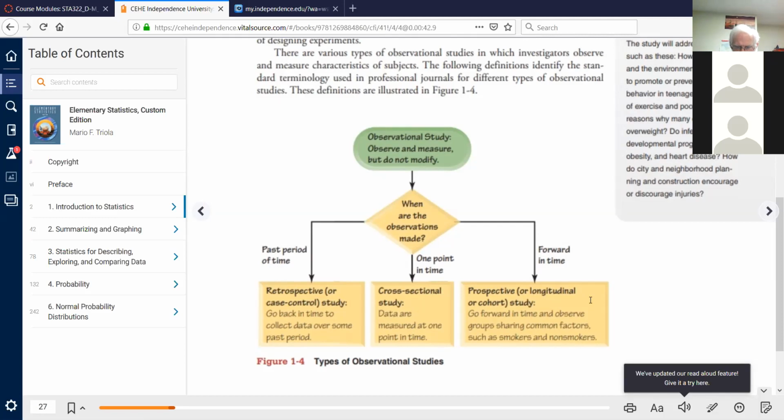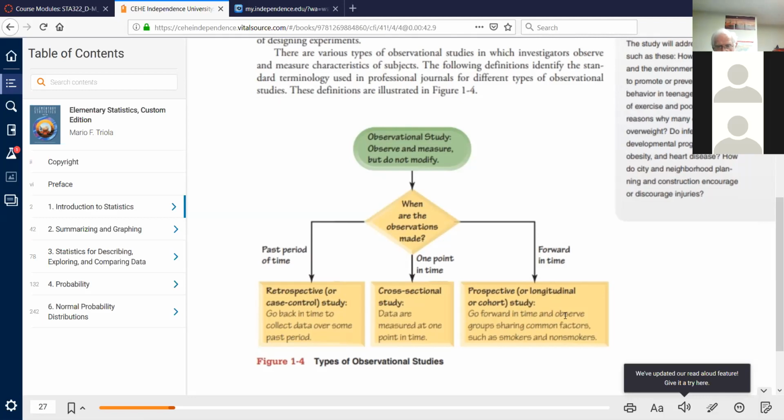Or a prospective study, which is also referred to as a longitudinal or cohort study, looking forward in time to observe groups. One of the most famous of the prospective studies is called the Framingham Heart Study. This is a study that's been going on for now 60 or 70 or even maybe 80 years in Massachusetts, looking at heart disease, and now it's been expanded to other areas as well.